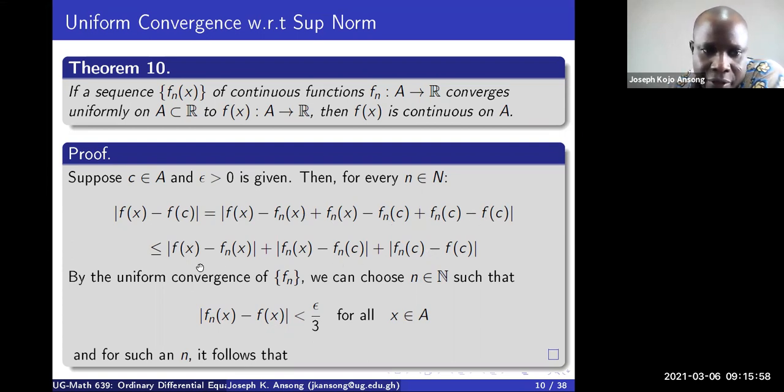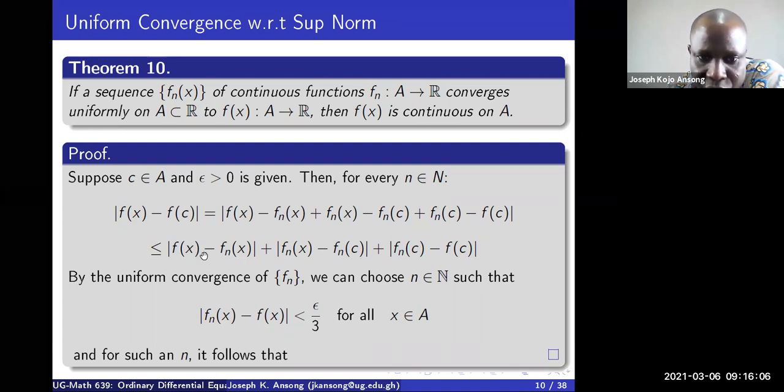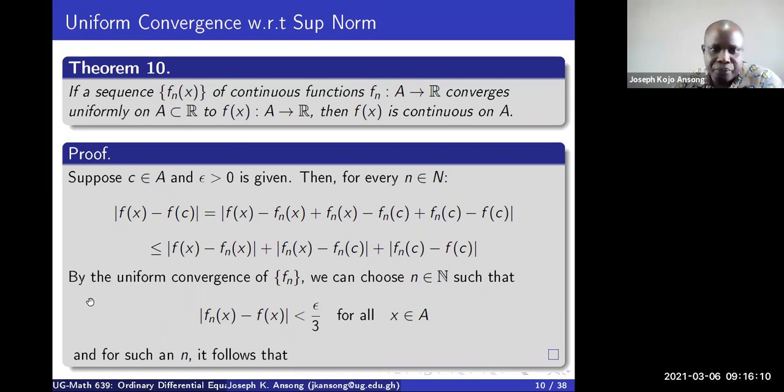Note that this expression here, okay, we'll deal with that. So we have this, and three of them. Now, by the uniform convergence of f_n, note that we are told that each of the functions is continuous, and they converge uniformly.